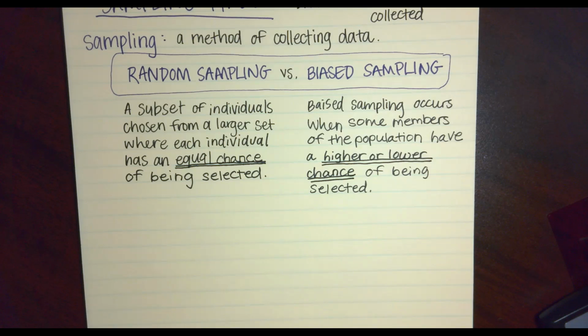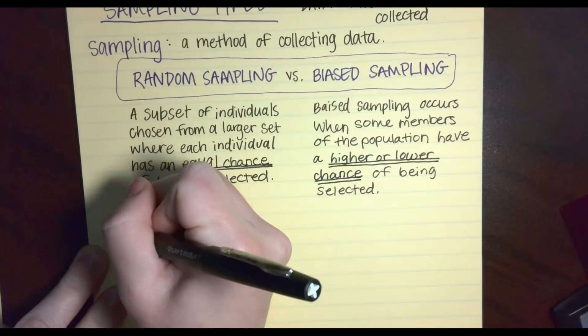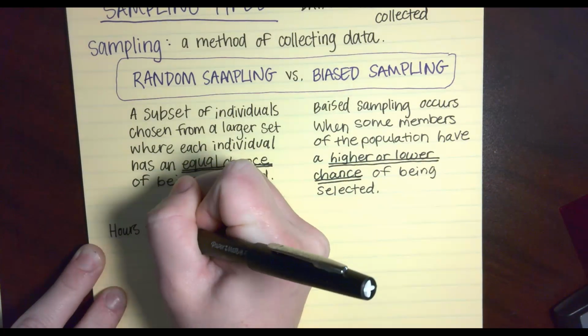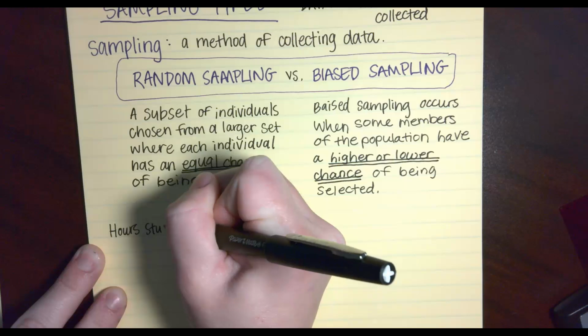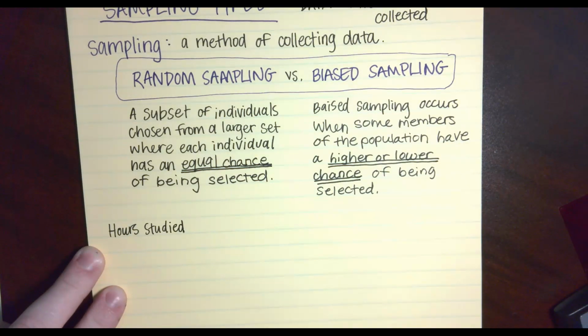So it's not going to be biased, and it's not going to necessarily be a sample, because I'm not going to just do certain people. I'm going to survey every person in the room. So let's say I collected data to see how many hours each person studied. So I'm going to write hours studied versus what score they got on their last quiz.